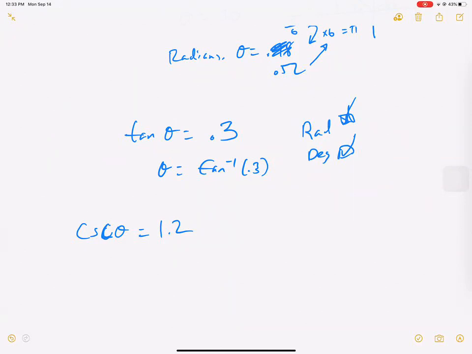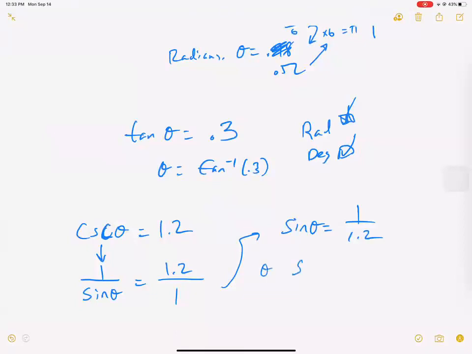And in my video, I said to rewrite it, this is really 1 over sine, over 1. And all you do is flip it. Sine of theta is 1 over 1.2. And then you do the inverse. Theta is equal to sine inverse of 1 over 1.2.